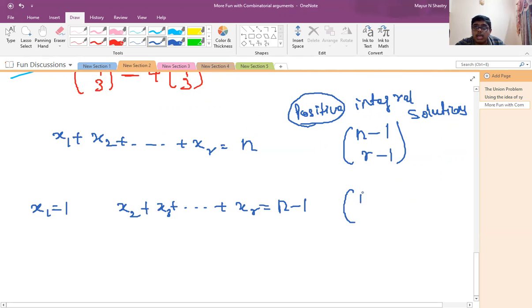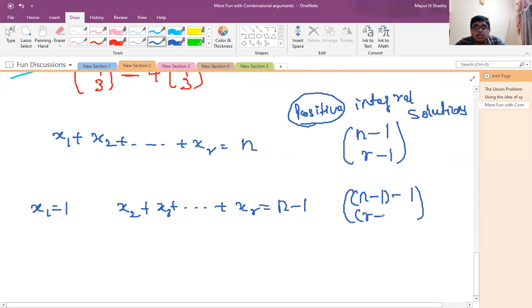It's going to be n minus 1, this minus 1, choose r minus 1. And note the way it is used here. It's just the same formula. Here n is replaced by n minus 1. Sorry, there's a mistake in this. Since there are r minus 1 elements here, it should be r minus 1 minus 1.